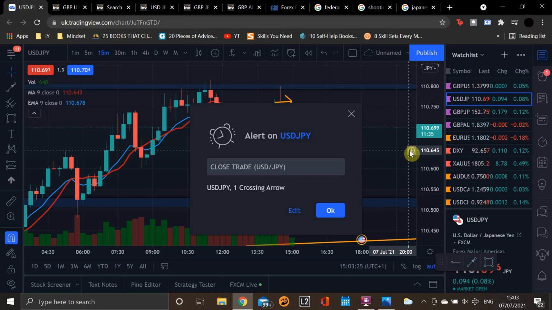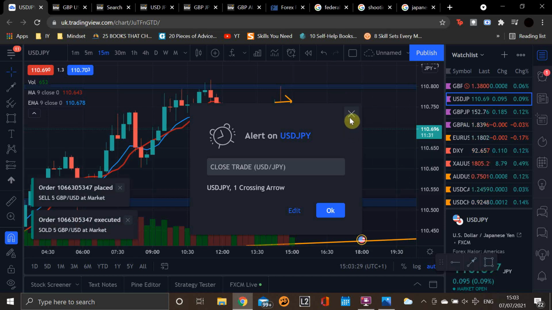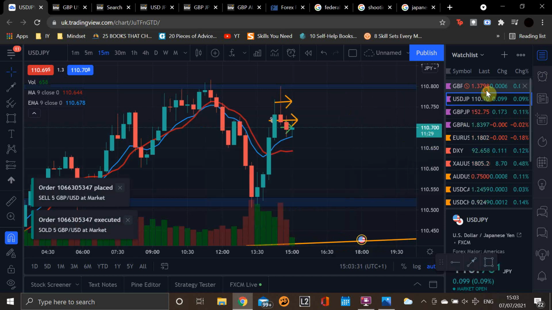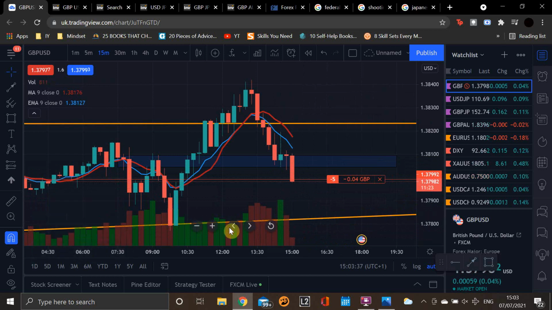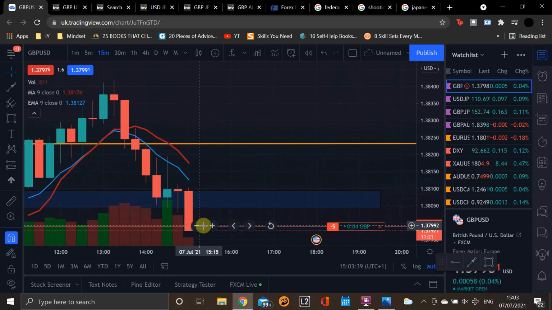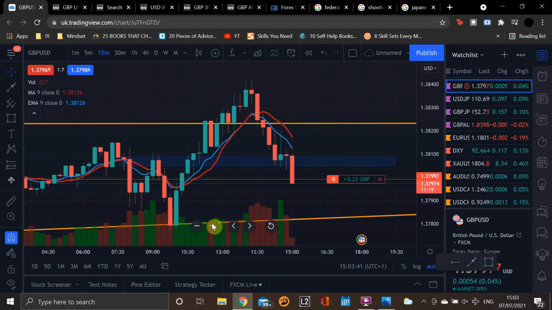It's an execution. Right to this trend line. Most definitely. So we'll hold that for now. Maybe take profit can be here.